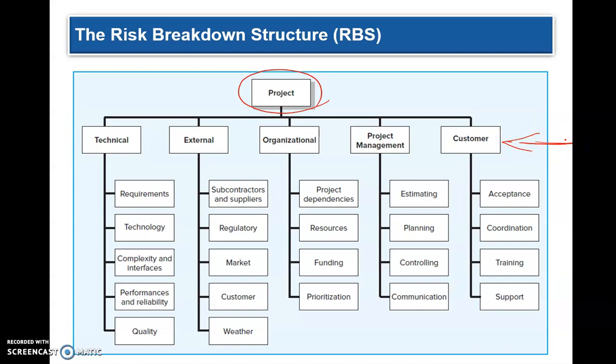The dimensions of the project are technology, external stakeholders or external environment, anything to do externally to the project, anything internal or organizational, anything to do with managing the projects inside the company, and of course the customer-related issues. In all these dimensions, come out with all these kinds of risks that are possible.